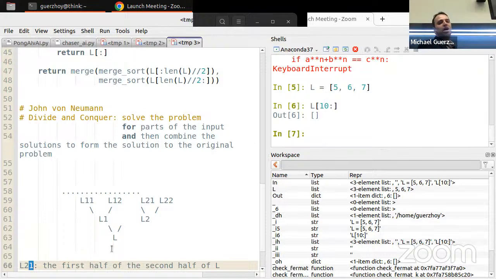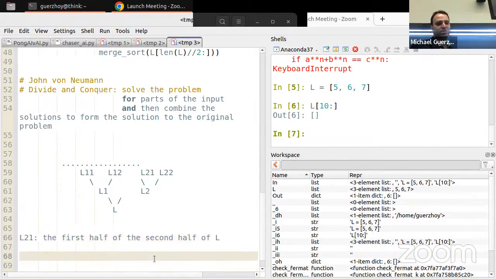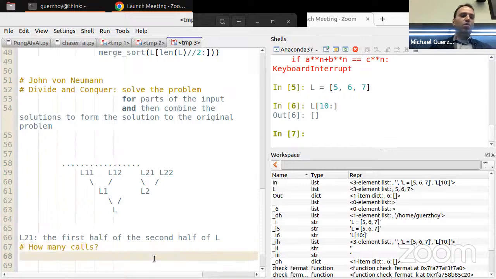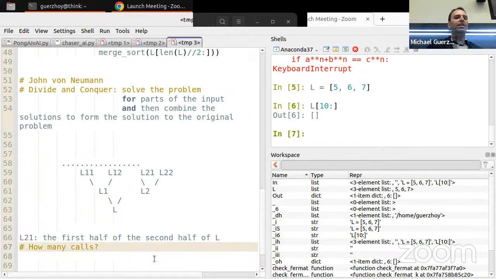What I'm going to do in the next 2 minutes is count the calls, which in this case is not going to be enough, so on Wednesday we'll complete this. L is of length n, and L1, L2 are each of length n over 2. L11, L12 and so on are of length n over 4.